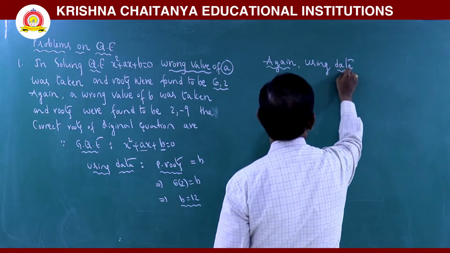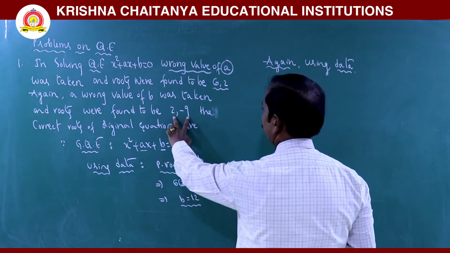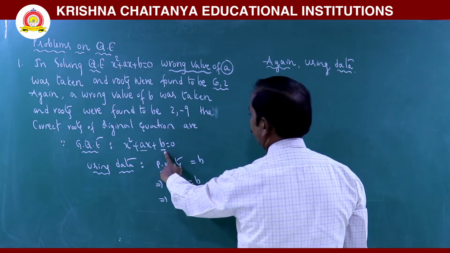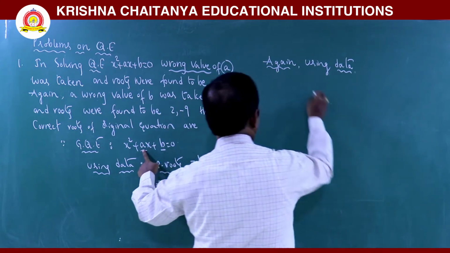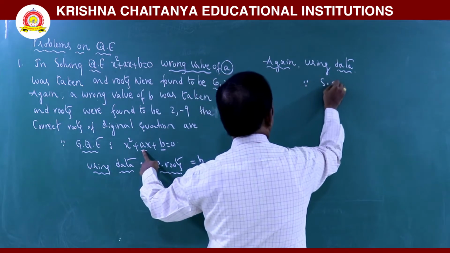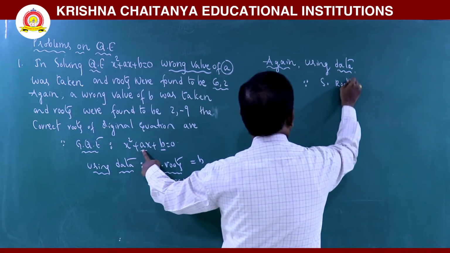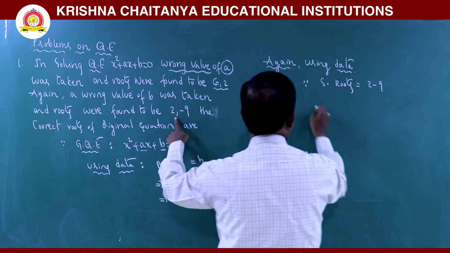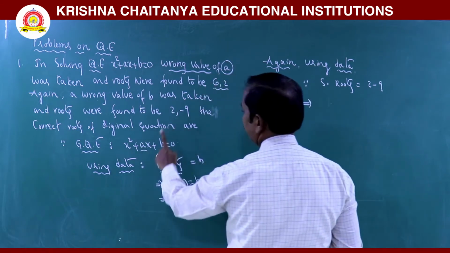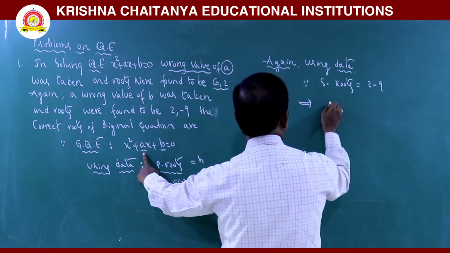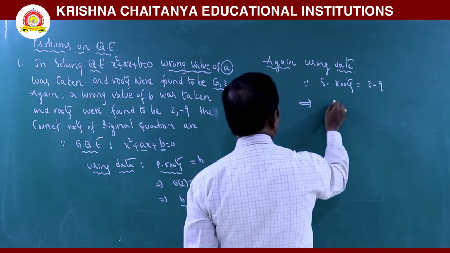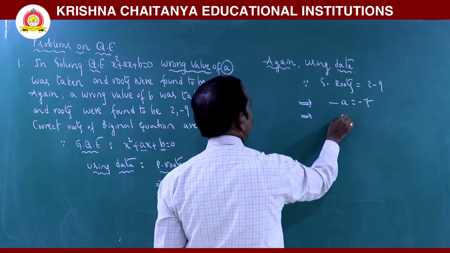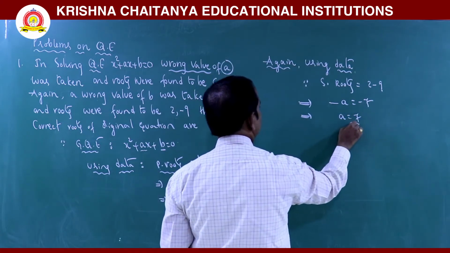If the roots are 2, -9, b will be wrong, so a will be correct. So, I can consider the sum of the roots. The sum of the roots is 2 plus -9, which is -7, but by the formula the sum of the roots is minus b by a, here minus a. So, minus a is equal to -7. Therefore, the value of a is 7.